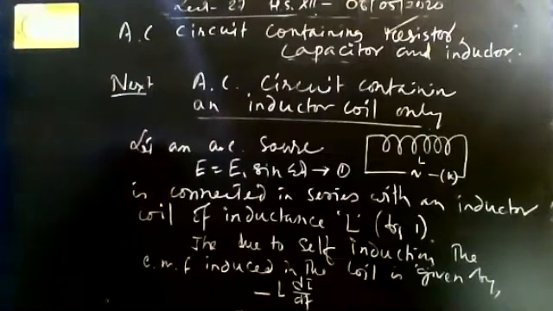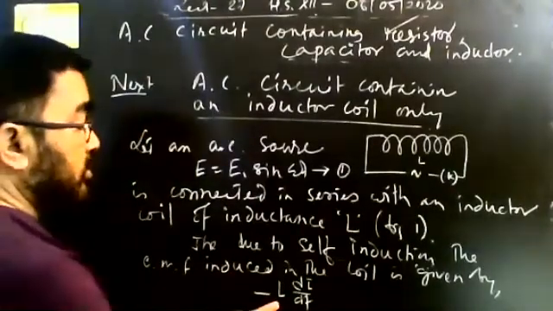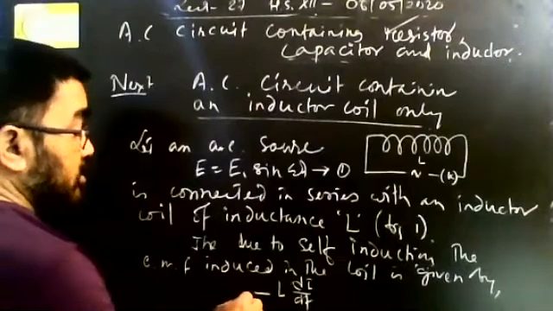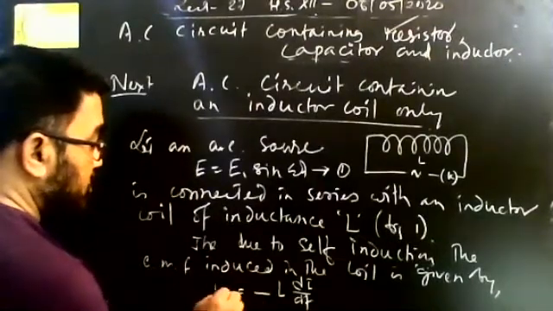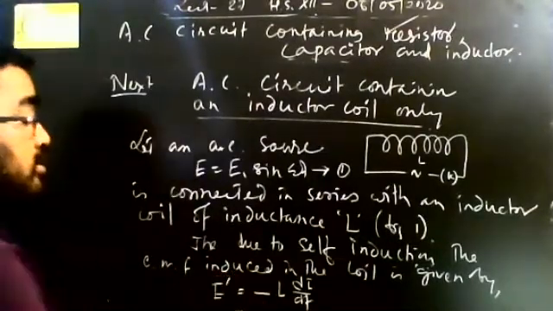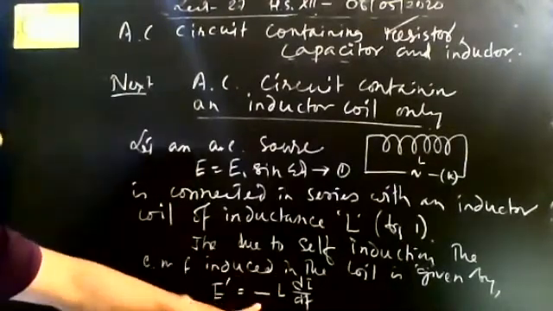Okay, so when L comes, suppose this is E dash, the negative sign comes due to Lenz's law.